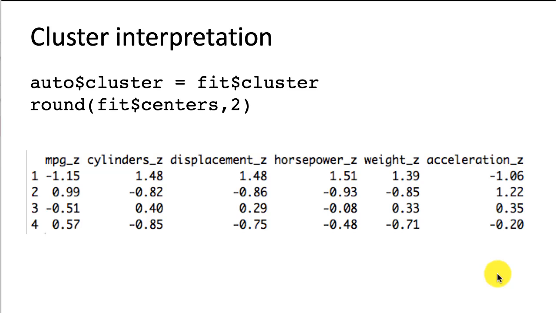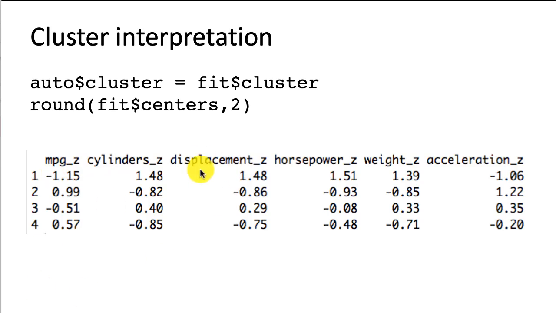Now the next thing to do once you have done clustering is to give a meaningful interpretation for each of the clusters. One thing to remember is that each of these values is a standardized or normalized value. So if the value is negative, that means it's below the average of the original value. For example, the first cluster center consists of cars with lower than average miles per gallon, in fact significantly low, 1.15 standard deviations below the mean MPG.